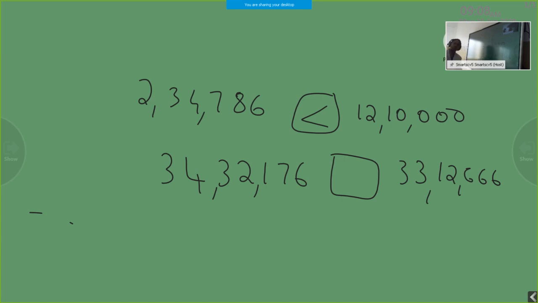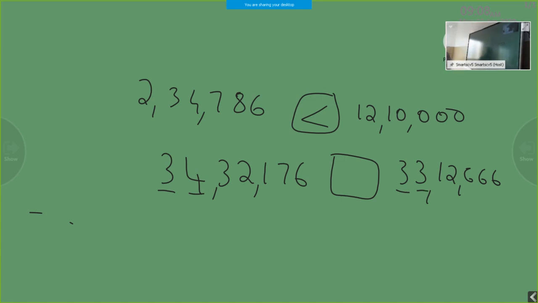We have to compare the digits from the leftmost position. Which are the digits in the leftmost position? Here the digit in the leftmost position in both the numbers is 3. Since both are the same, we cannot compare that. Then we have to move to the next digit from the leftmost position. Which is the next digit? One is 4 and the other one is 3.